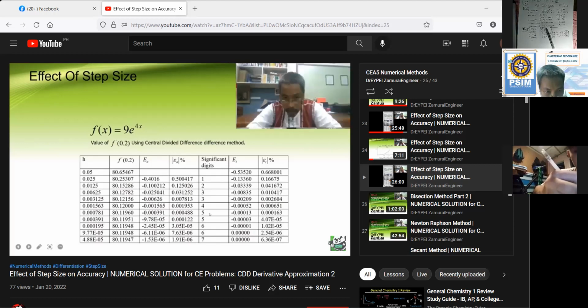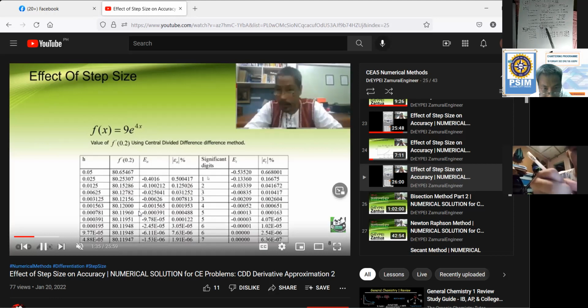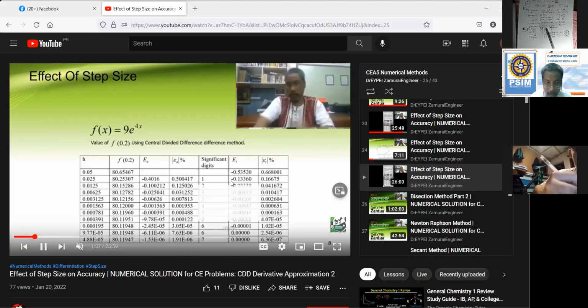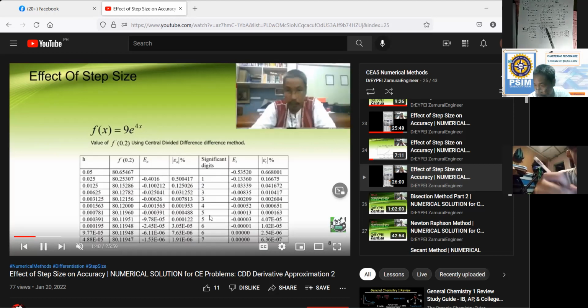So we can again complete this table. However, we will not do so because we already completed the table previously. This is almost equal.